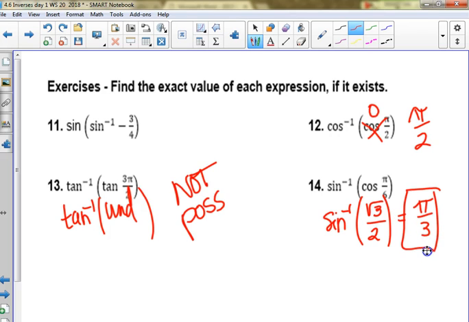good? All right, this is a totally different situation, and we're going to do some more of these tomorrow. This actually exists because negative 3/4 is something I could find an angle for. It's just not a pretty answer, but the answer to this question is pretty because arc sine is in which two quadrants? 1 and 4.